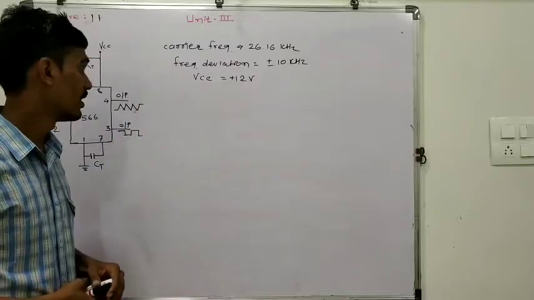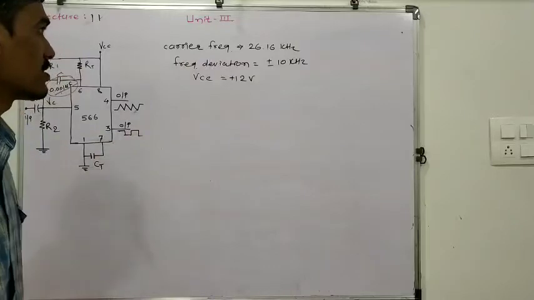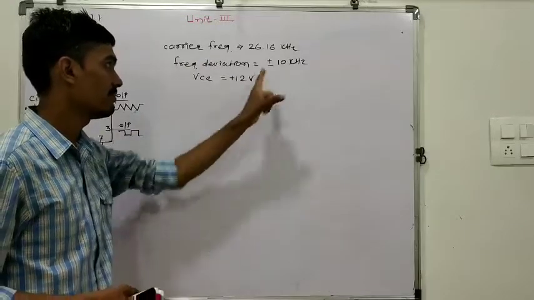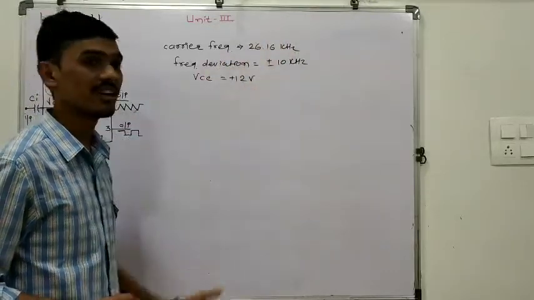Then another given data is the frequency deviation. That means the frequency varies by plus minus 10 kHz about the carrier frequency.